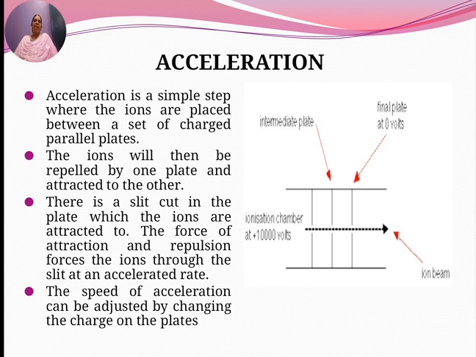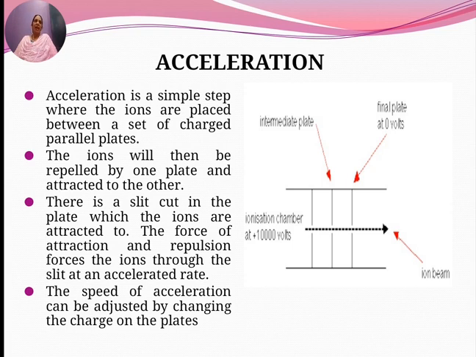The final plate is at 0 volts. The ionization chamber is maintained at 10,000 volts. The ion beam is allowed to pass through the slit which is cut in the plate. The force of attraction and repulsion forces the ions through the slit at an accelerated rate.